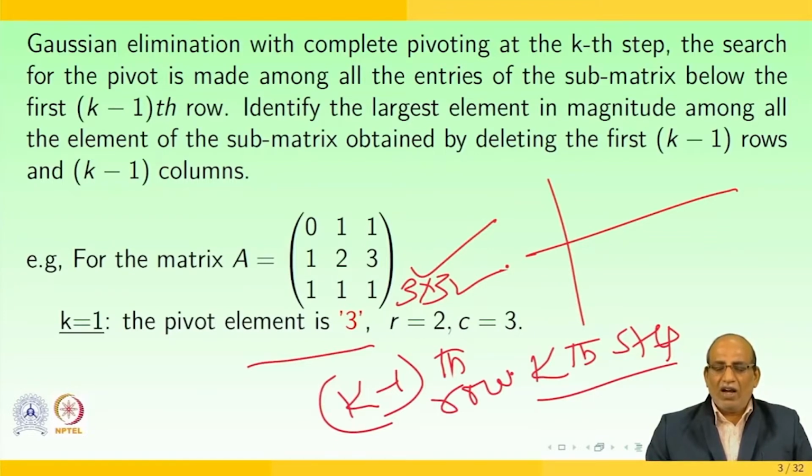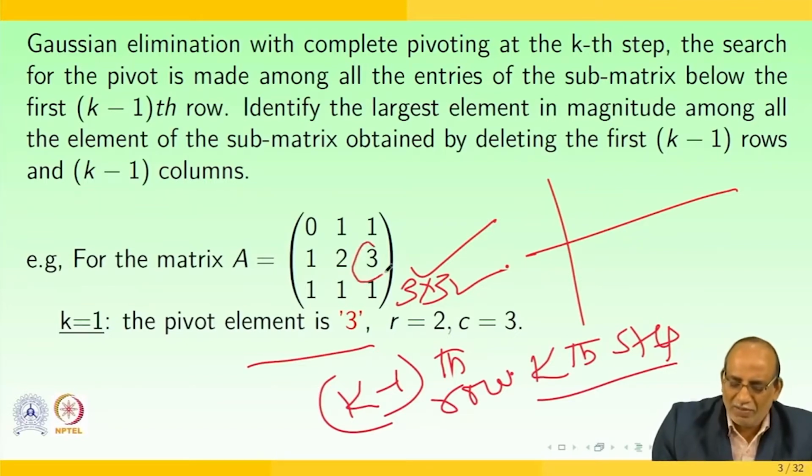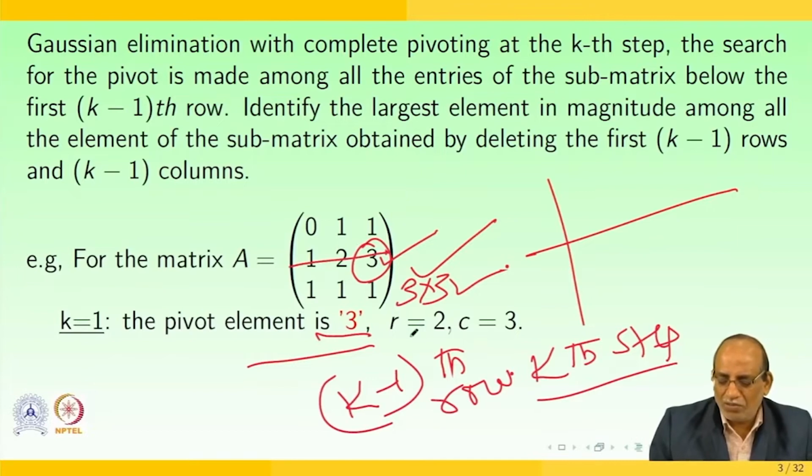This is the maximum element in absolute value, and it occurs in the second row, third column. So r is equal to 2, c is equal to 3.